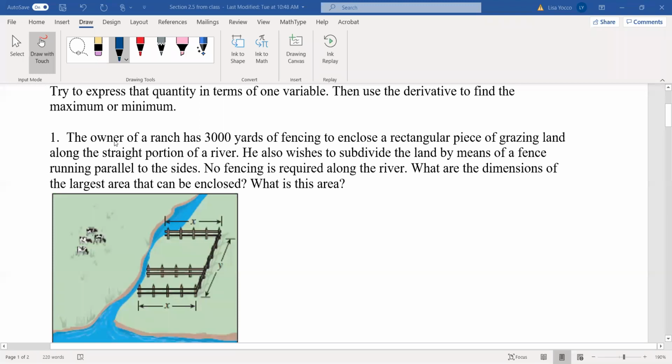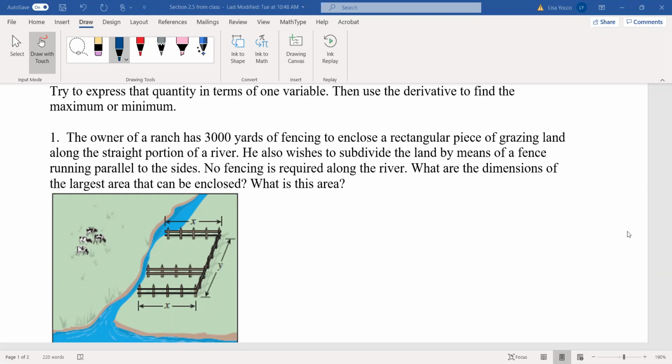Okay, so in this problem, we see the owner of a ranch has 3,000 yards of fencing to enclose a rectangular piece of grazing land along the straight portion of a river. He also wishes to subdivide the land by means of a fence running parallel to the sides. No fencing is required along the river.